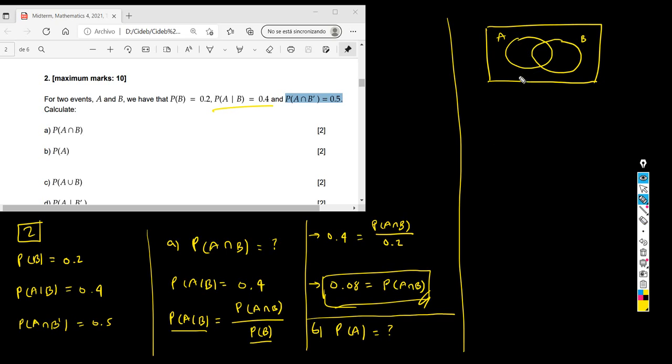Now, what else do I know in regards to the areas in here? What am I looking for? I'm looking for the area of A. Remember that probabilities in a Venn diagram are shown as areas. In other words, the area of all of this circle is this value that I'm looking for.